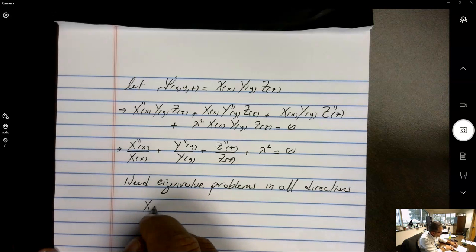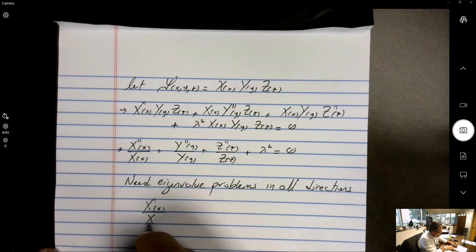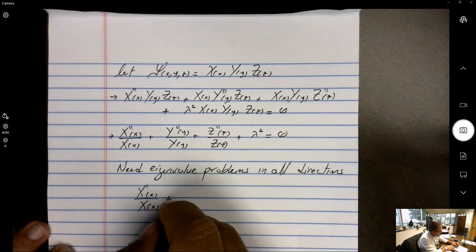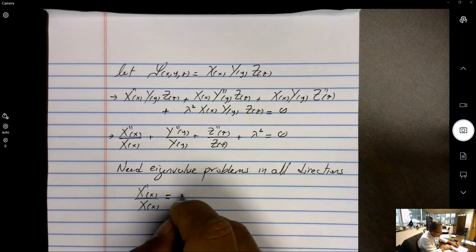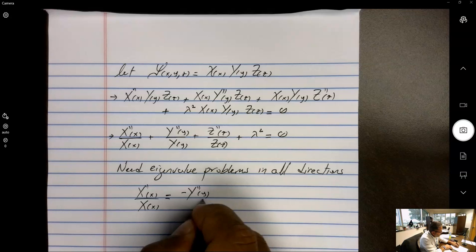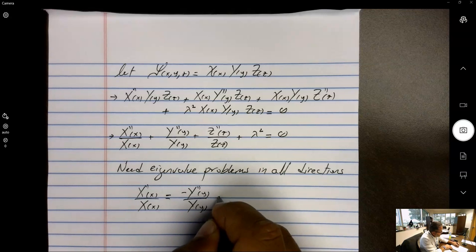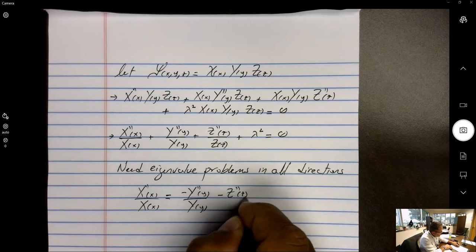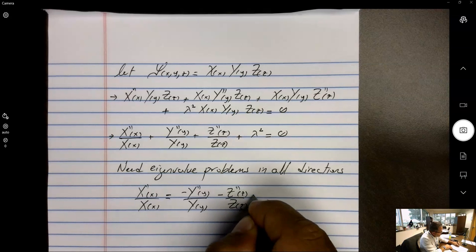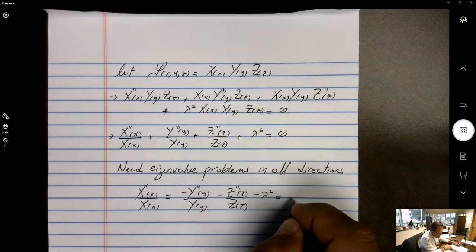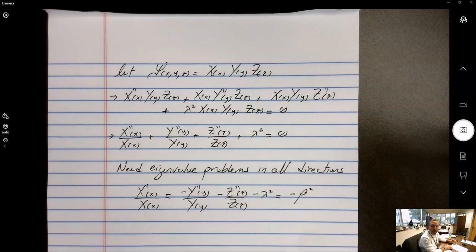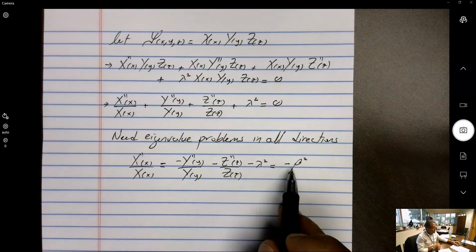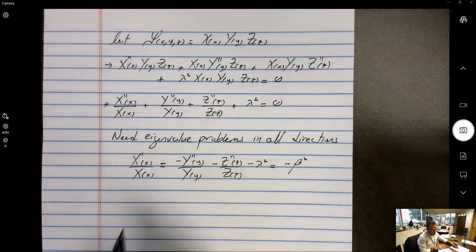So let's start with x. X double prime of x divided by X of x is equal to minus Y double prime of y divided by Y of y minus Z double prime of z divided by Z of z minus lambda square, and we're going to use the separation constant negative beta square because we need an eigenvalue problem in the x direction.